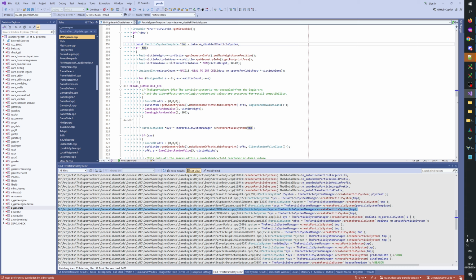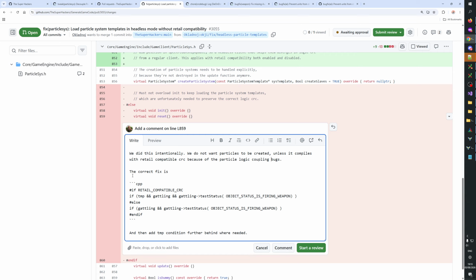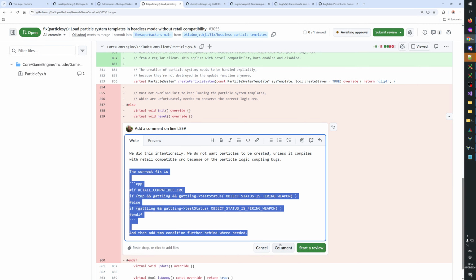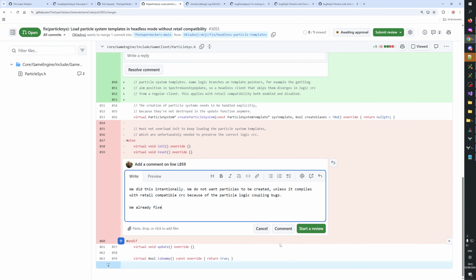Okay, let's just do this. We already fixed 3 other places where particles were coupled to logic.